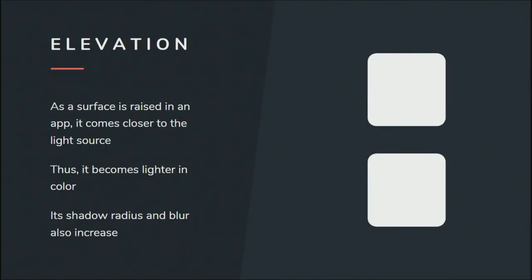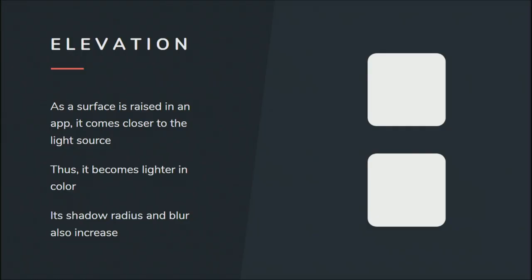What changes? The way elevation works in material design is that there is a metaphorical world that exists in your device, where your screen is the light source and there are surfaces below it. As surfaces are elevated within your app, as they come closer to the screen, the metaphorical light source, the shadow radius and blur tend to increase.